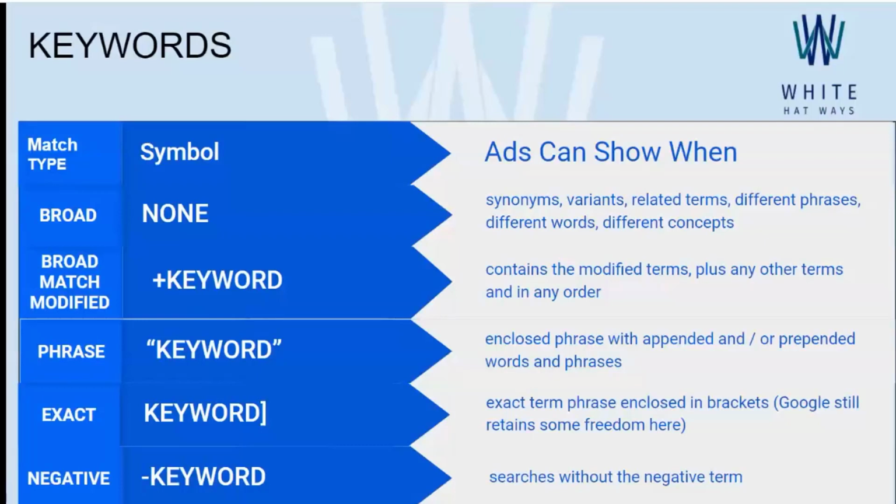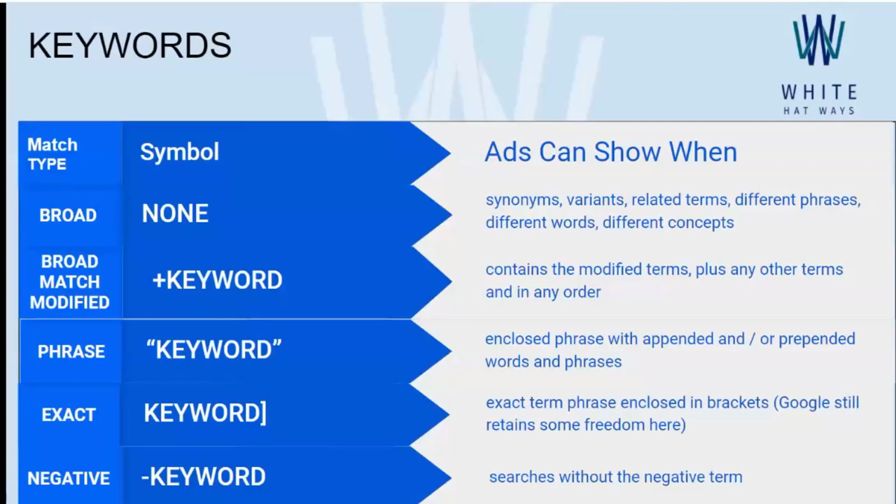The plus sign signifies that this particular word in my keyword has to be there in the user search query. If all these three or four words which I have put in my keywords list are not appearing in a particular search query, do not trigger my ad.